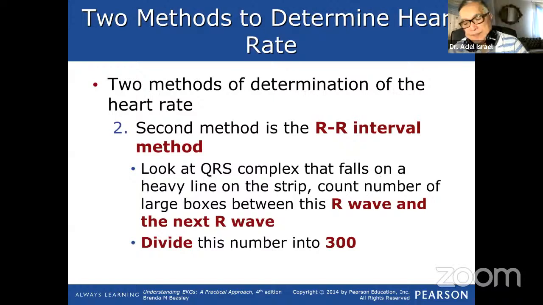And the machines we are going to use do this like an average, like we practiced last week, where we found that the machine counts the heart rate sometimes going up, sometimes going down, and it gives us the average, and it prints the average on paper. So we have 3 methods to go by for the heart rate.